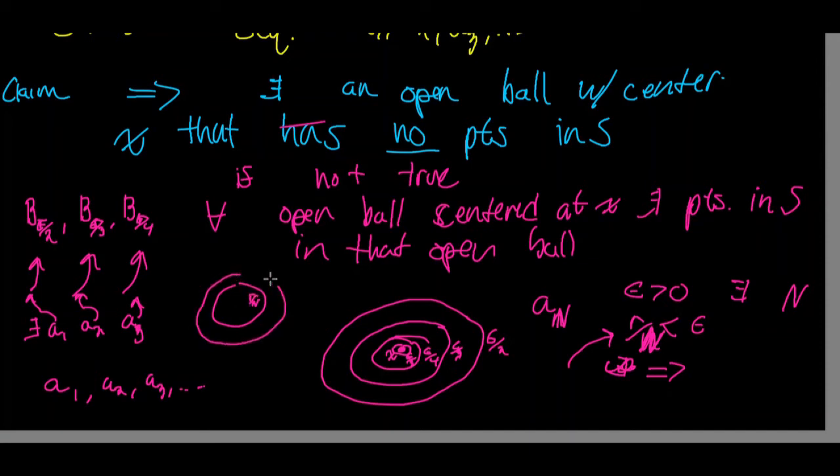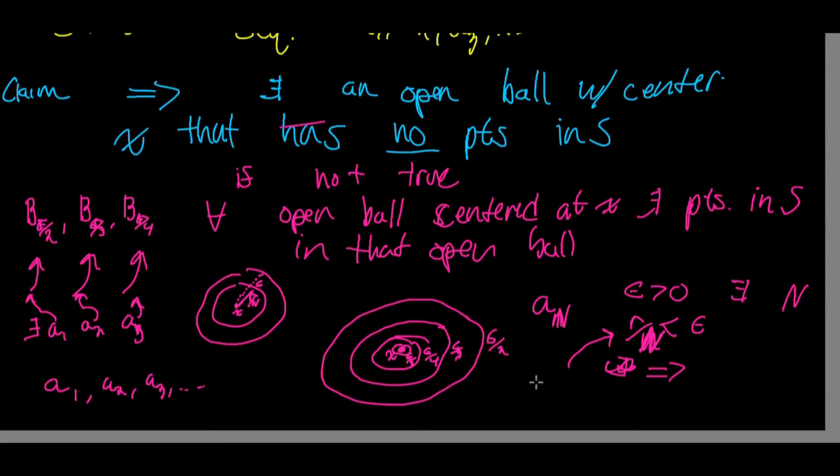So all points in this open ball of r over n, and all points in every open ball of radius smaller than r over n, are closer to X, which is the center of all of these open balls. That is to say, they're a distance away from X less than epsilon.